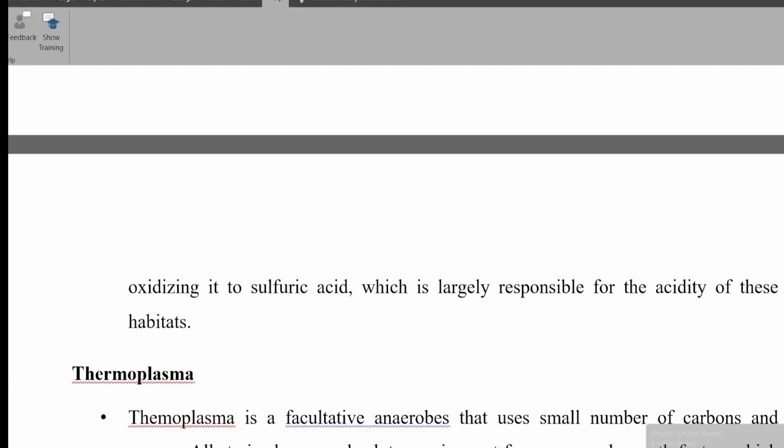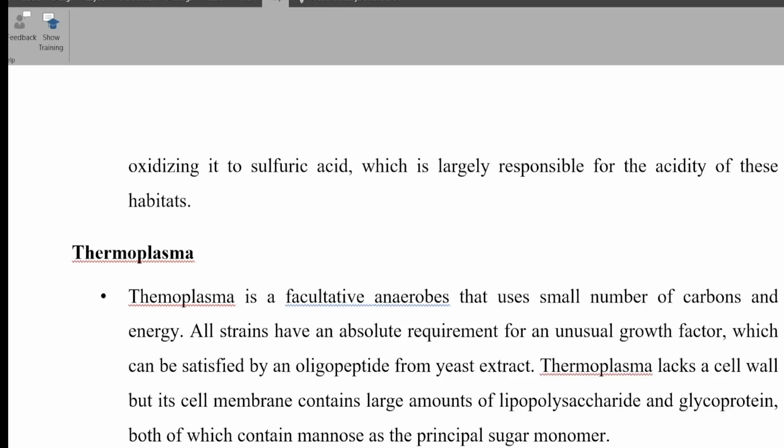The third group of the archaebacteria is Thermoplasma. Thermoplasma is a facultative anaerobe that uses a small number of carbon and energy sources, and all strains have an absolute requirement for an unusual growth factor, which can be satisfied by an oligopeptide from yeast extract, as has been reported in research so far.